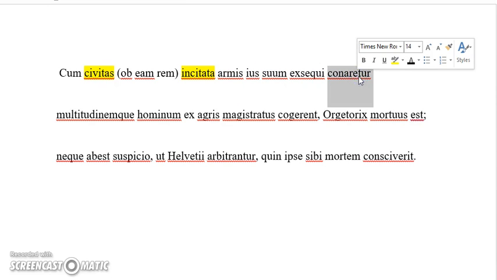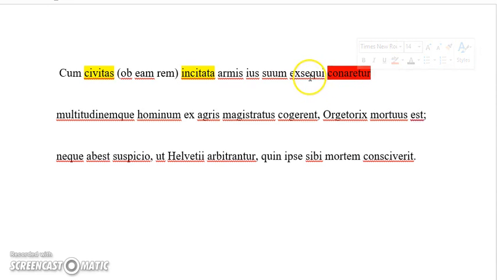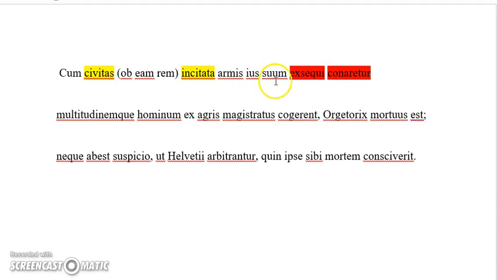Conatur. To exact. Eius, this is your direct object.